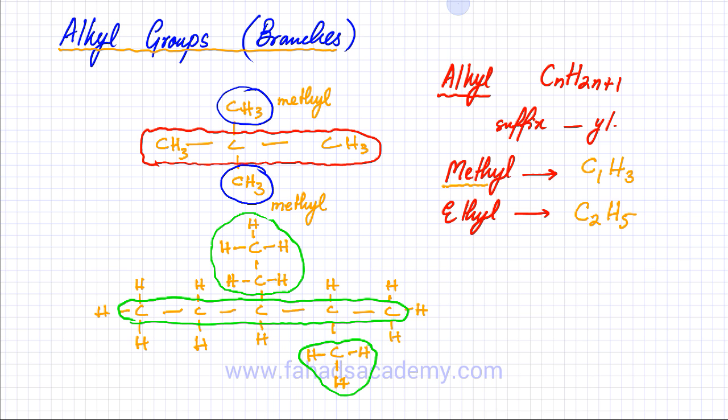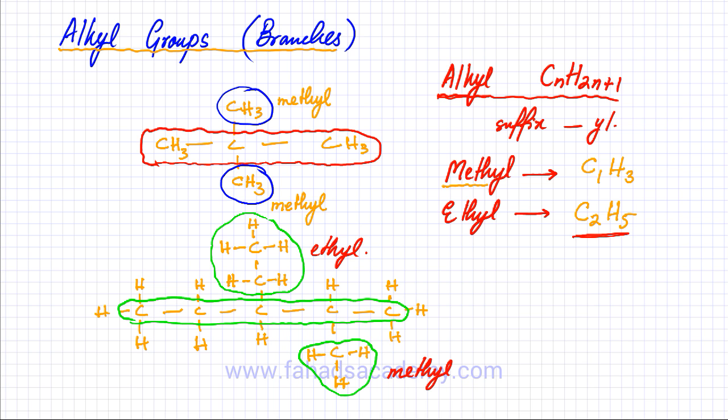This one over here is going to be a methyl branch, and this one over here is going to be an ethyl branch. You can count the number of carbon atoms. An ethyl branch is going to have 2 carbon atoms and a total of 5 hydrogen atoms. So this is an ethyl branch, and it fits exactly with the general formula that we discussed earlier.